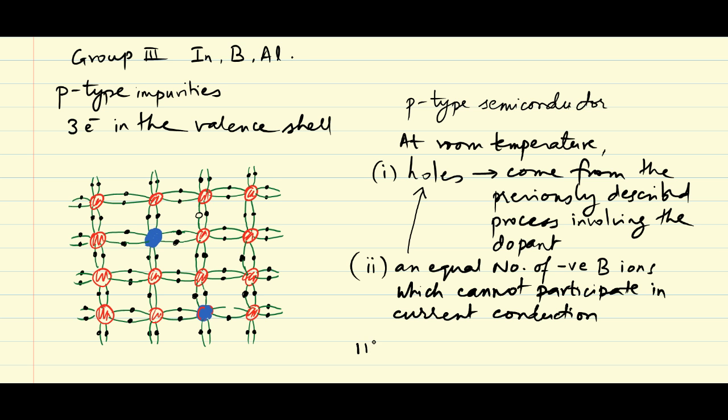And of course, at room temperature, the p-type semiconductor will also have electron hole pairs which have been generated by thermal processes which have been described earlier. So again, these electron hole pairs are mobile, they can contribute towards the current, and so can these. But usually the number of these holes is much larger than the number of electron hole pairs.